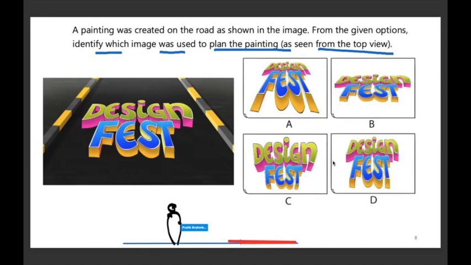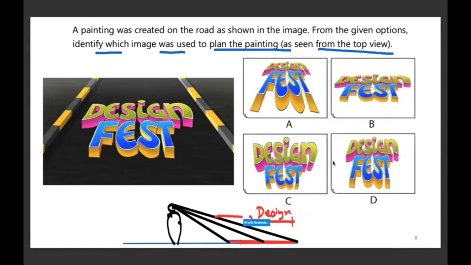In this position, the person will be looking at the painting like this, in two parts. What will happen is the part which is farther away from this person, which is the above part, comprises the word design.